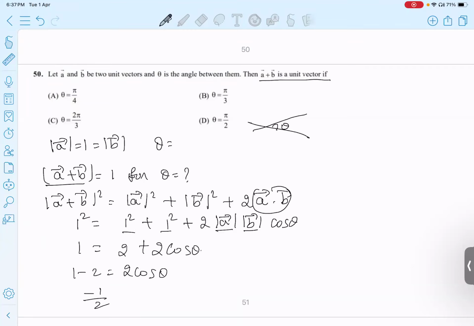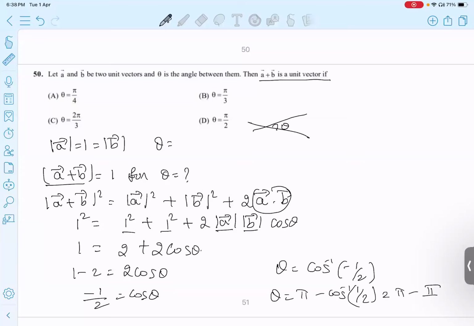So minus 1 by 2 is equal to cos theta. So theta can be written as cos inverse of minus 1 by 2, which is pi minus cos inverse 1 by 2. This can be written as pi minus pi by 3, so this is equal to 2 pi by 3. So C is the right answer.